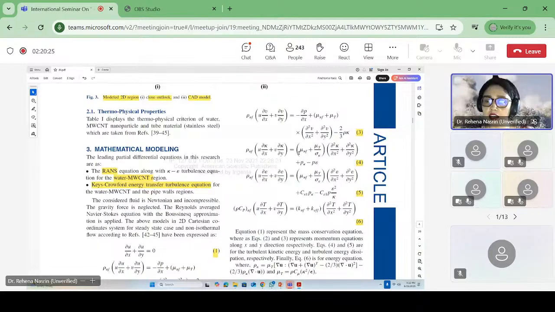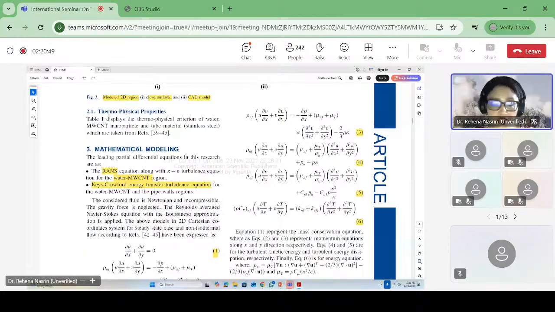Equation 4 is the equation for the turbulent k-epsilon model, and equation 6 is the energy equation. So there are 6 equations. We can handle these 6 equations at a time.